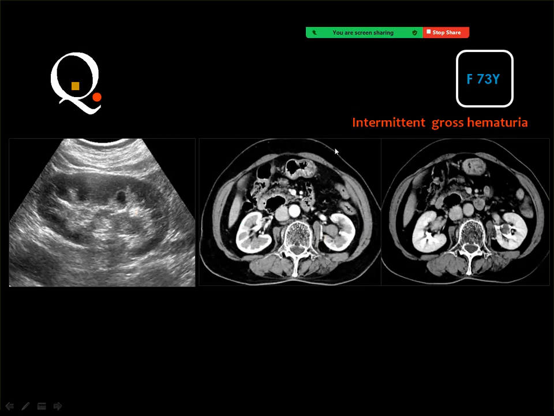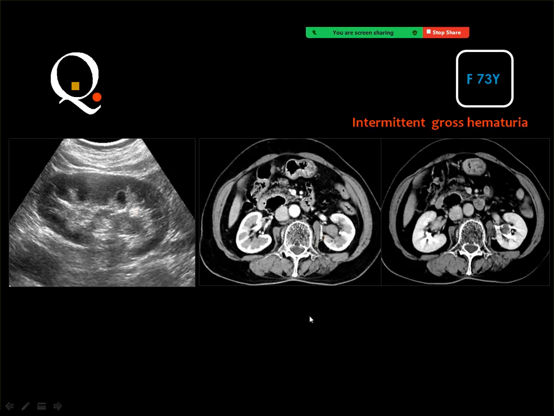Yes, and this is transitional cell carcinoma in the renal pelvis, which is seen here by ultrasound and also seen here as a filling defect within the renal pelvis, especially noted in the excretory phase.